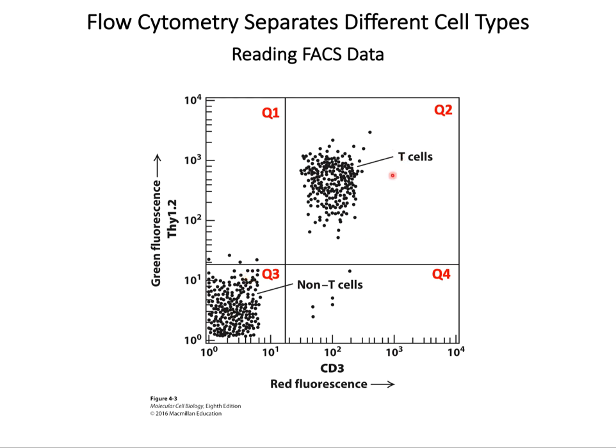The upper right quadrant shows strong green as well as red fluorescence, indicating the fluorescent-stained T cells. Please note that in flow cytometry, there is a convention of numbering each of these quadrants. So here in the red, quadrant 1 is designated as Q1, quadrant 2 as Q2, and so on.